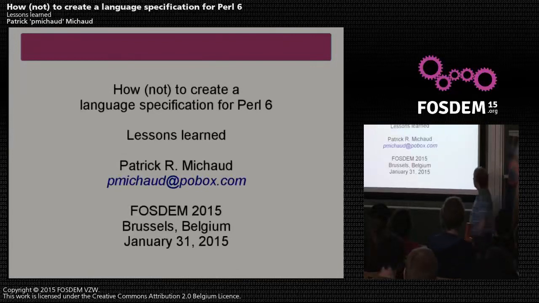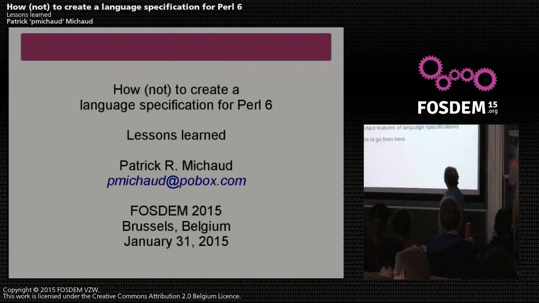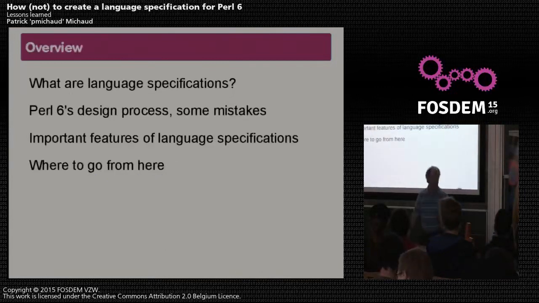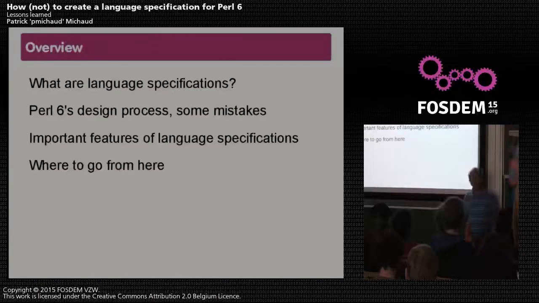So, overview of the talk. First of all, I'm going to talk a bit about what language specifications really are. Because when I was putting this talk together, and this is the distillation of a lot of thinking over the last 2 or 3 years, all of a sudden it became apparent to me that when we say language specification, it's not always obvious what that means.